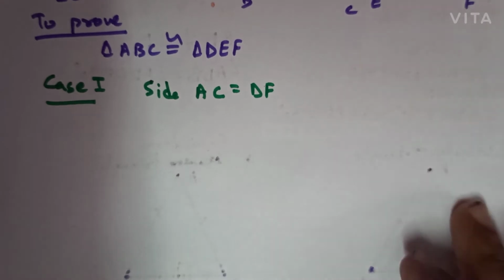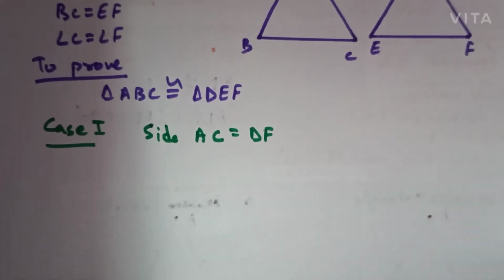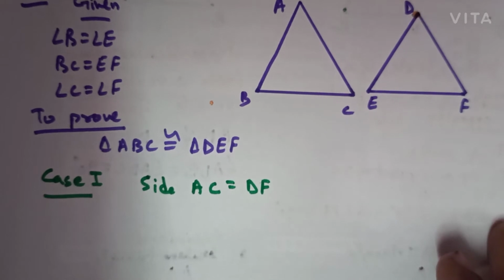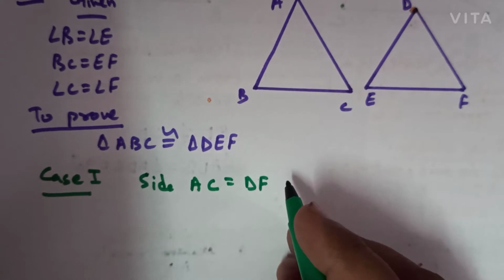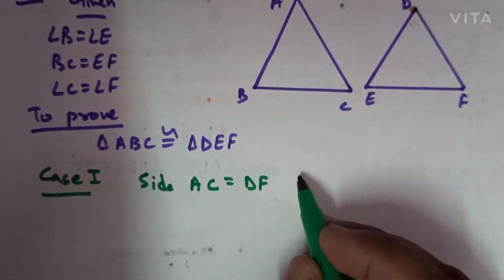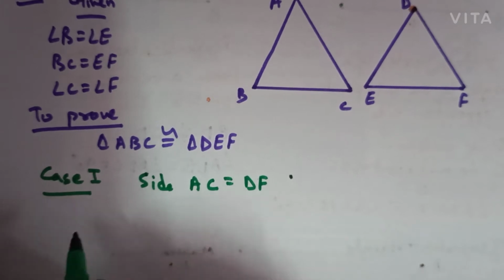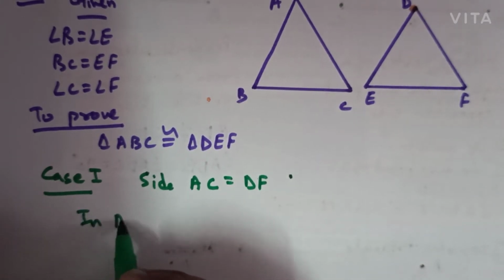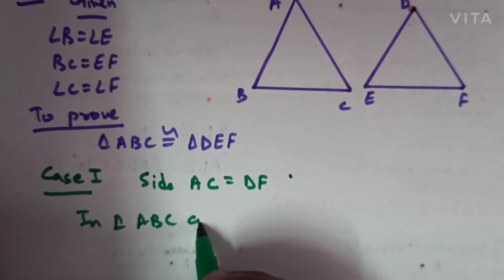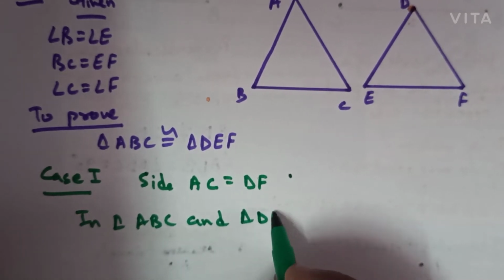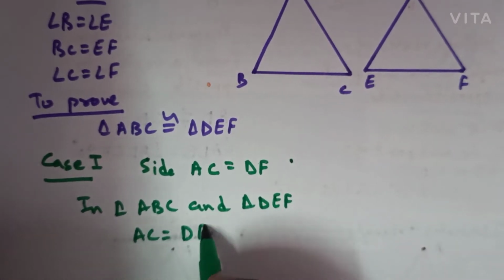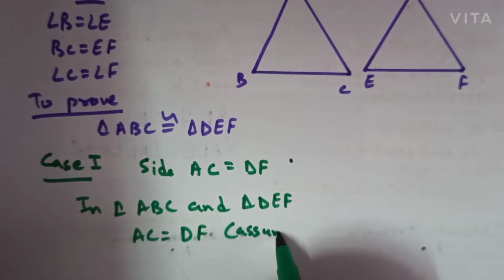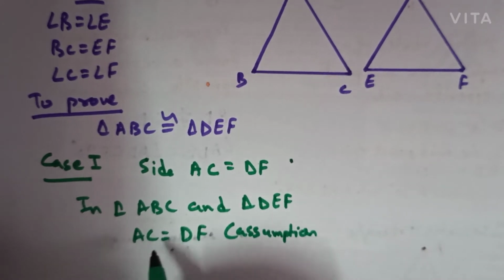So how will we prove it? Let us see. In the first case, side AC is equal to DF, this is the assumption. So we start here. In triangle ABC and triangle DEF, AC is equal to DF by assumption, and angle C is equal to angle F, it is given.